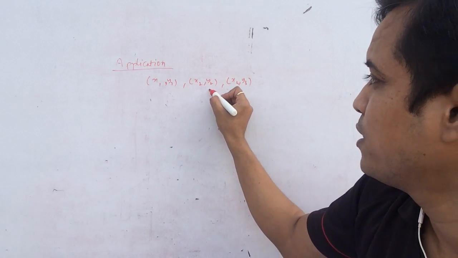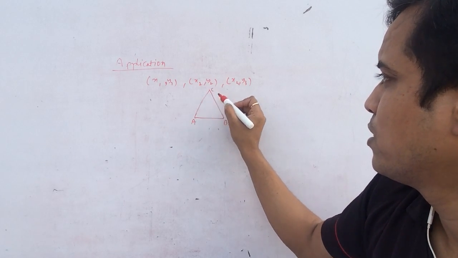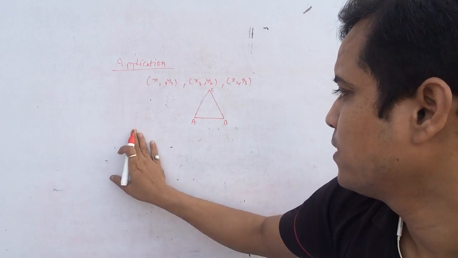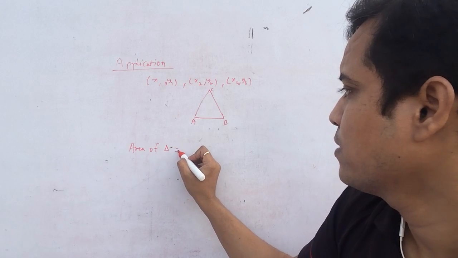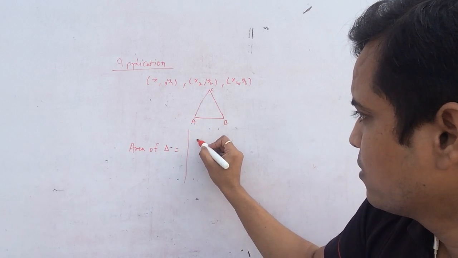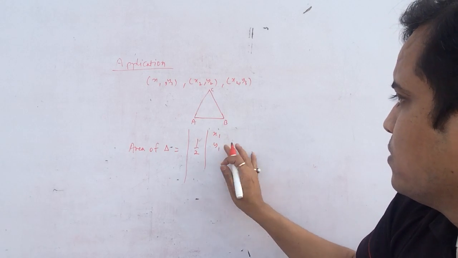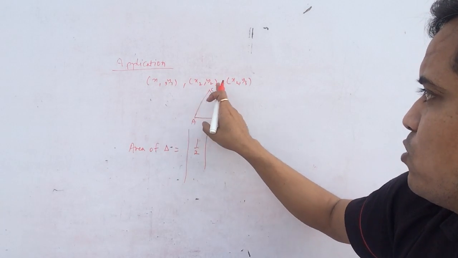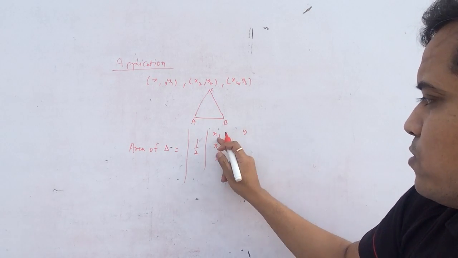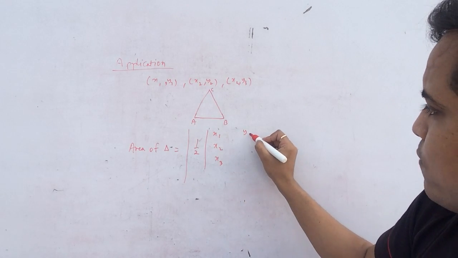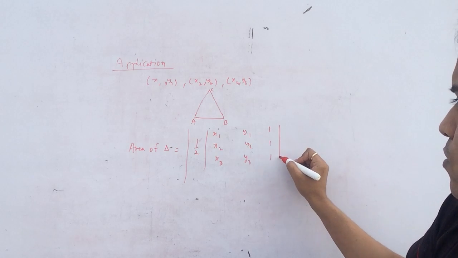can say that they are the coordinates of a triangle ABC. Suppose they are coordinates. So the area of triangle will be like this: half of the determinant with x1 x2 x3 in the first column, y1 y2 y3 in the second column, 1 1 1 in the third column.